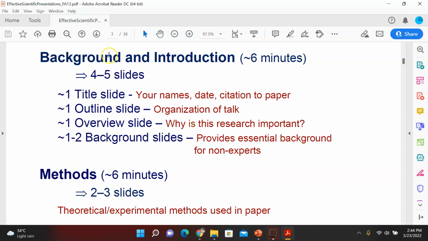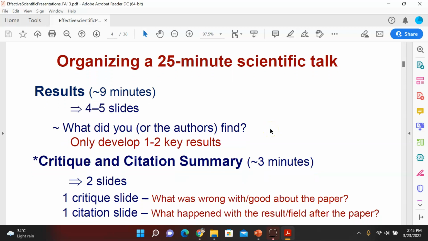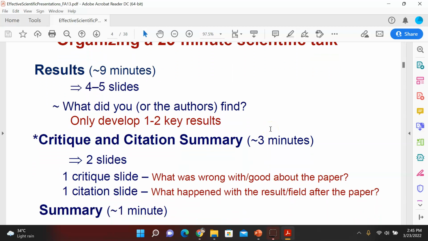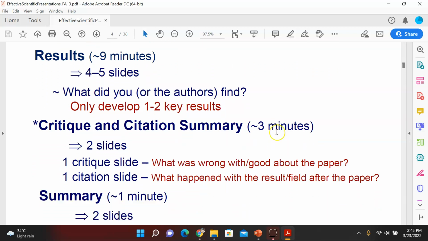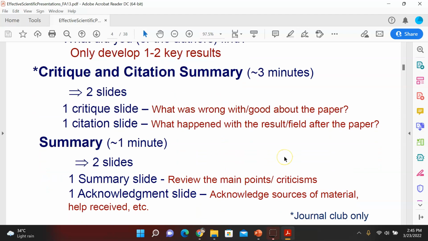For progress and final seminars, you probably want to emphasize your results. You spend more time over here, around 9 minutes, which is 4 to 5 slides. And then critique and citation summary. This is usually for a review rather. And then the summary.